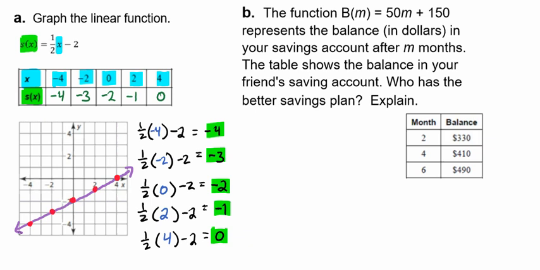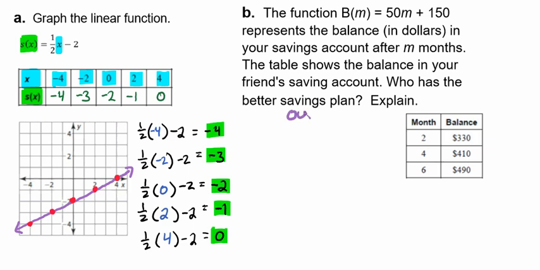Well, the only way to really check this out is if we can compare them. Since we don't have the equation for our friend's savings plan, but we do have our equation, it makes more sense to make a table of values for our savings plan.